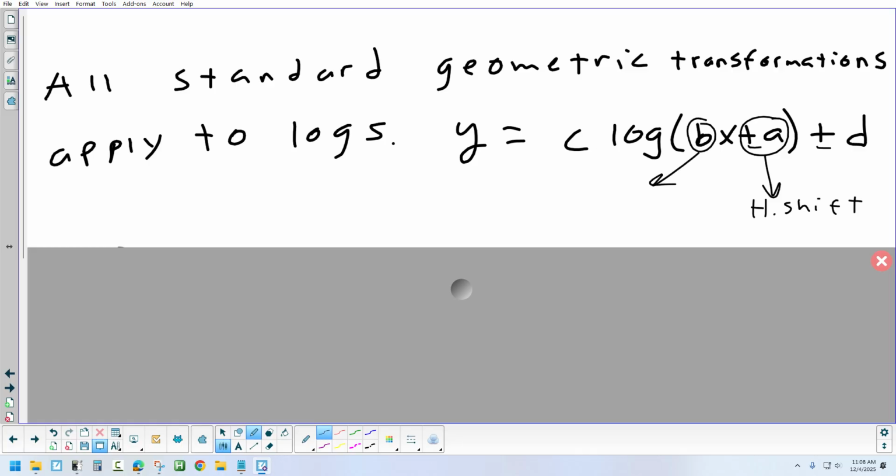How about B? What kind of transformation is that? It's still on the inside, but now it's multiplying the x instead of adding or subtracting. Horizontal. Horizontal stretch.